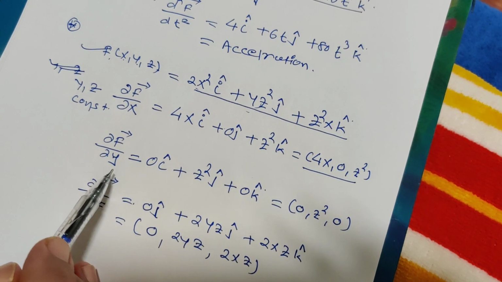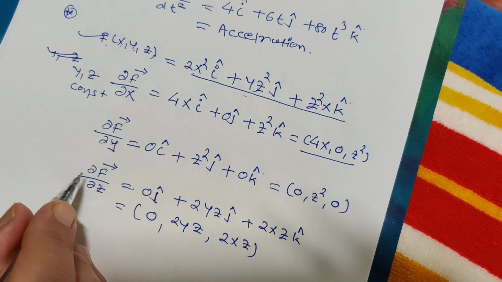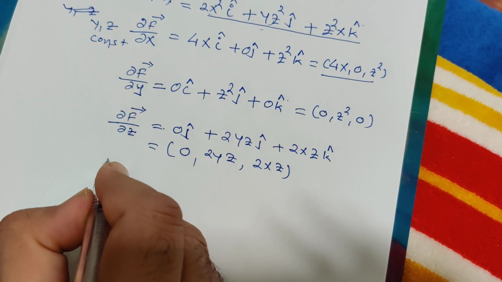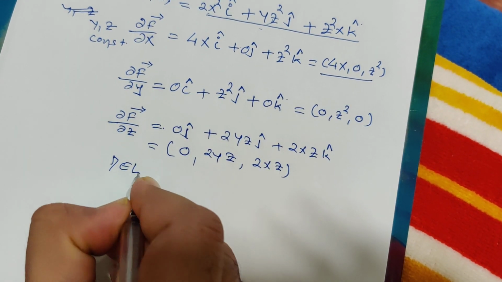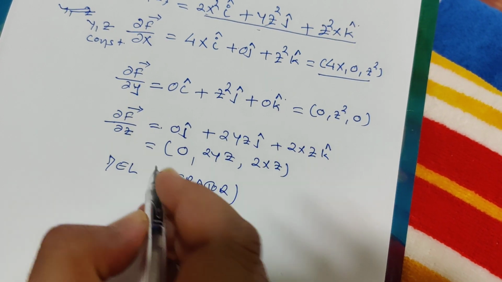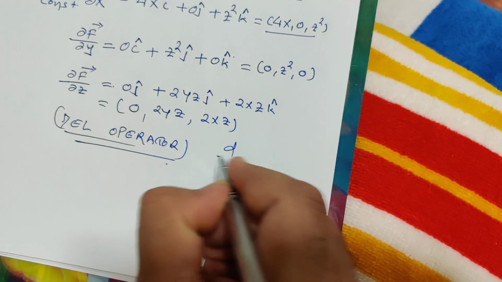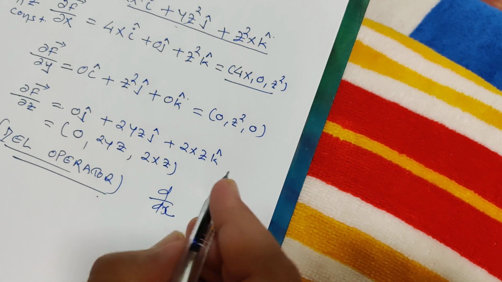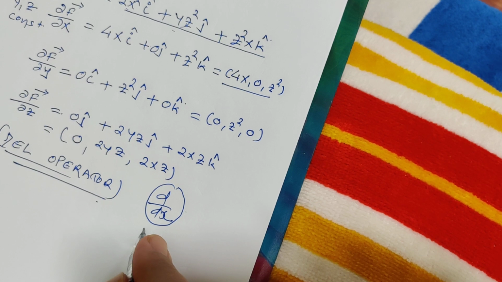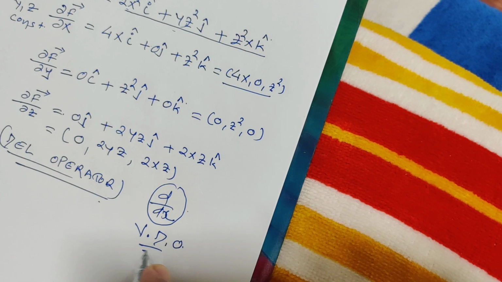So this thought has given a very beautiful idea of the vector point, that is the del operator. Here if you find d by dx, this is also an operator, but this is called vector differential operator.